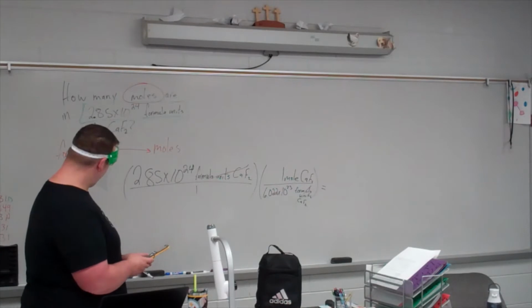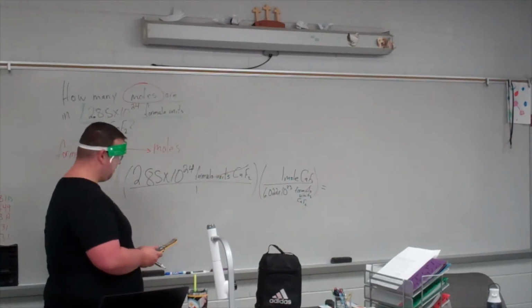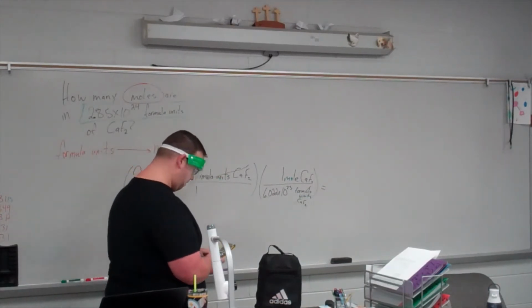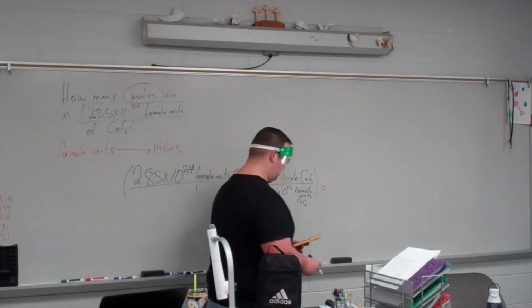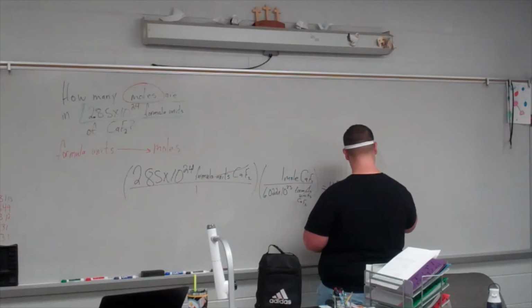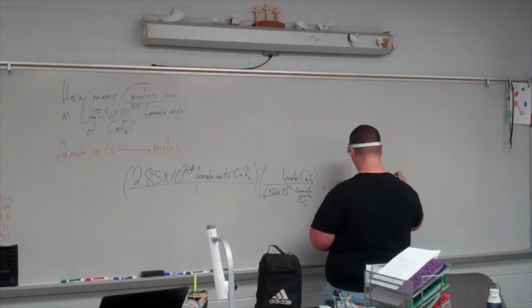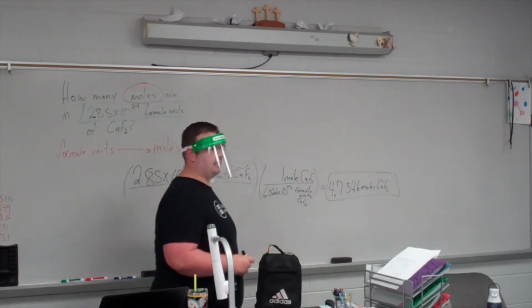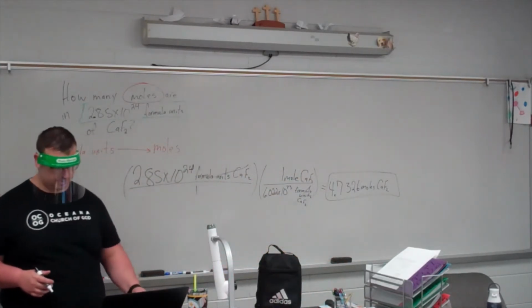So 2.85, second E, 24th power, I'm going to divide by 6.022, second E to the 23rd. I hit enter: 4.7326 moles of calcium fluoride. Take it out 4 places past the decimal, pretty accurate, pretty precise, I'm good with it.